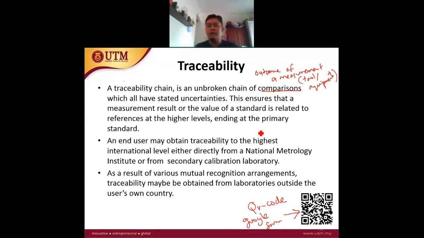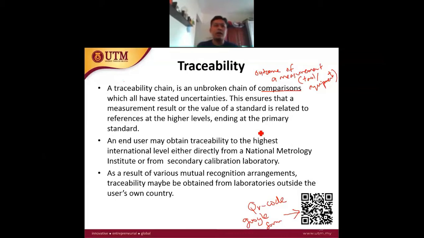For example, in Malaysia, they have a national measurement lab. The measurement lab has its standard of weight. They check the equipment used to compare with the equipment used at the consumer level.